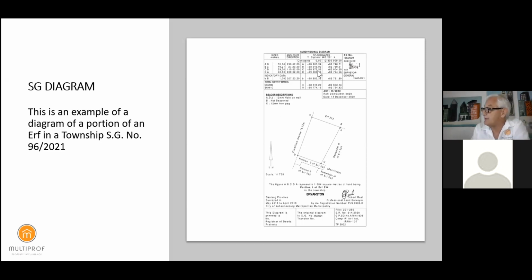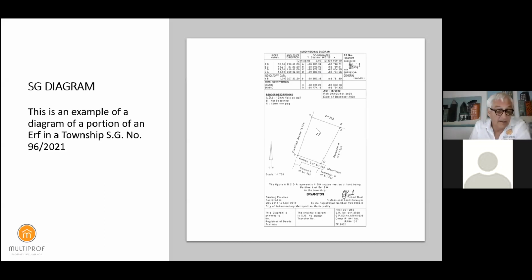It will give you the distances, it will give you the shape of the property, and often it's easy to see that the shape is not the same as the shape of the property that you're dealing with.